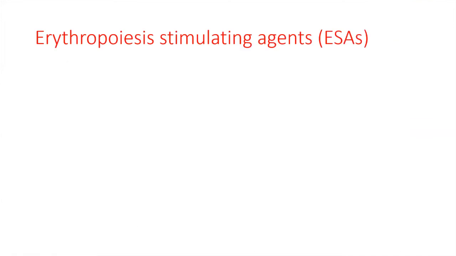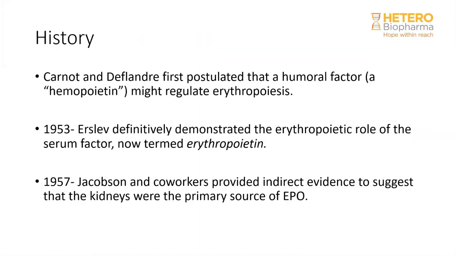As I told you, my talk today would be more on the use of EPO and other erythropoiesis stimulating agents, especially darbepoetin. After dialysis, in fact, erythropoietin has been the mainstay of innovation in renal medicine.